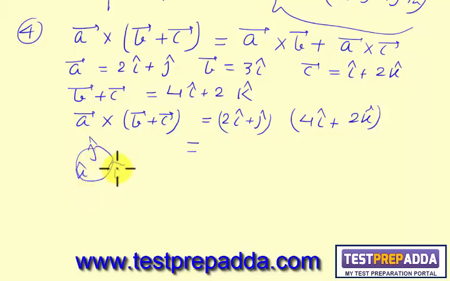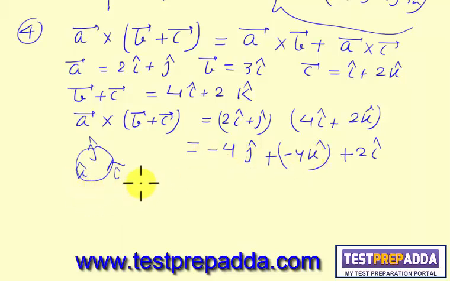So k cross i will give you j cap. But if it is i cross k, it will be minus j. So it will be minus 4j cap, plus. If I multiply this here, it will become j cross i. Again, you can see it is in reverse direction. So minus 4k cap. Now j when multiplied with k will give i, so plus 2i. So this way A cross (B plus C) comes as this.